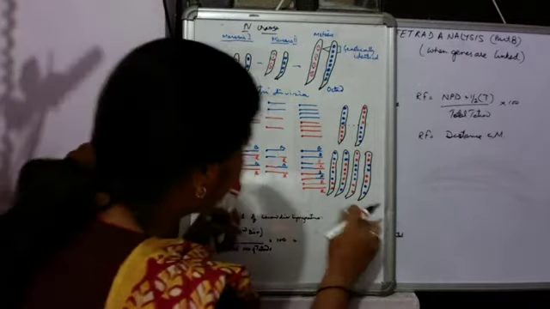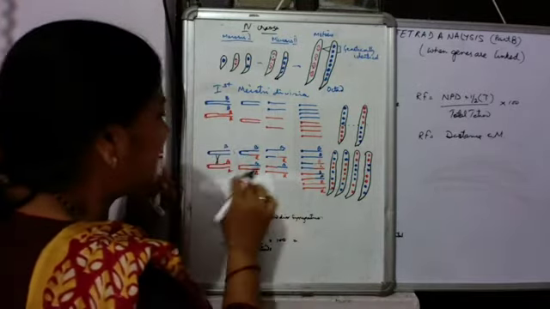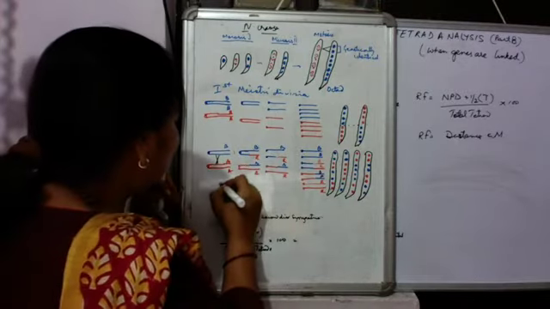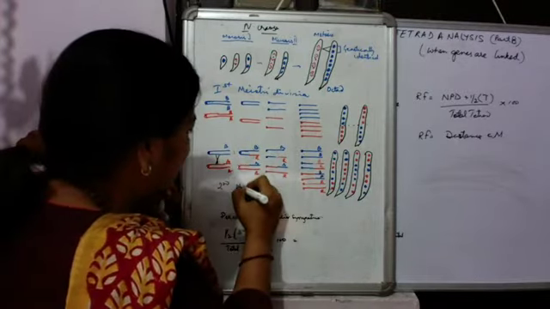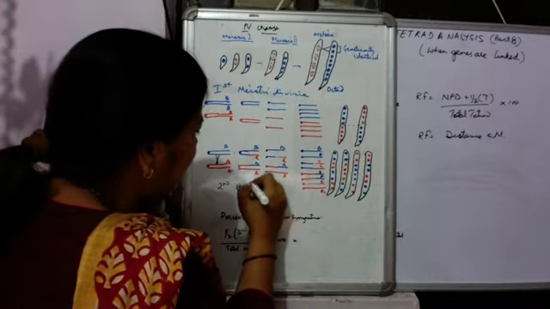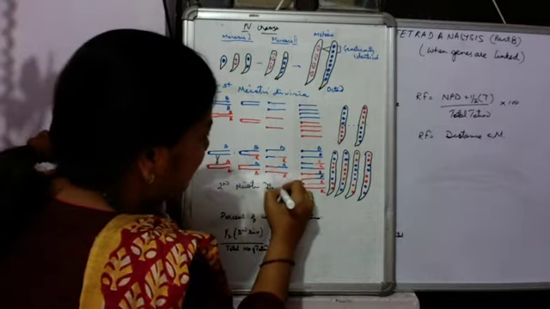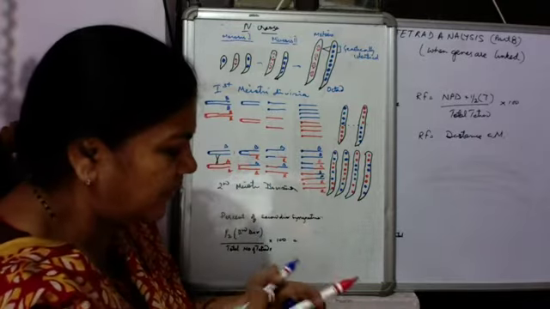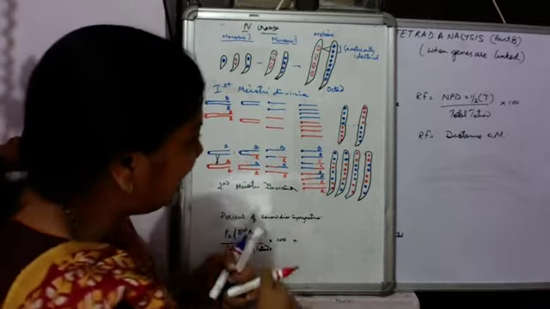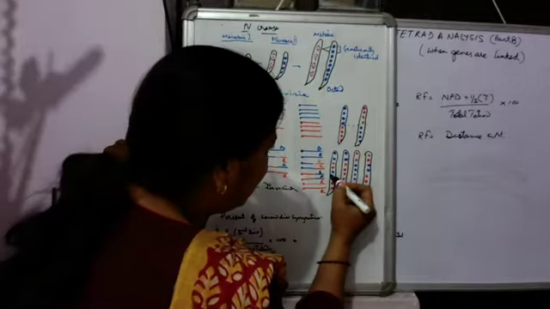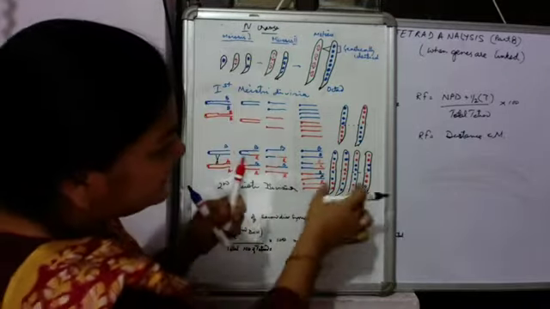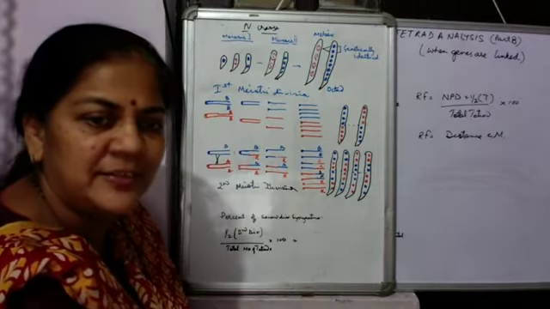This pattern tells you that the segregation of alleles has taken place in the second meiotic division. If you draw an imaginary line from the center, you will notice that this is different from the first division segregation pattern.